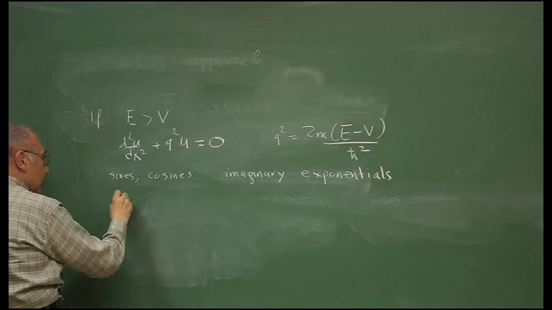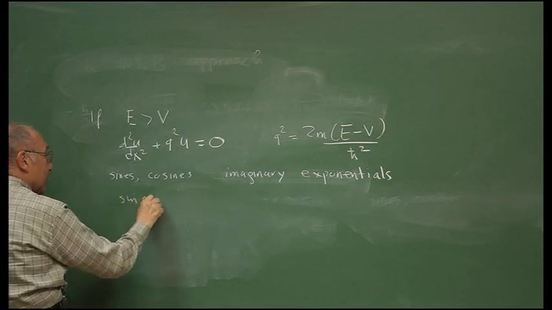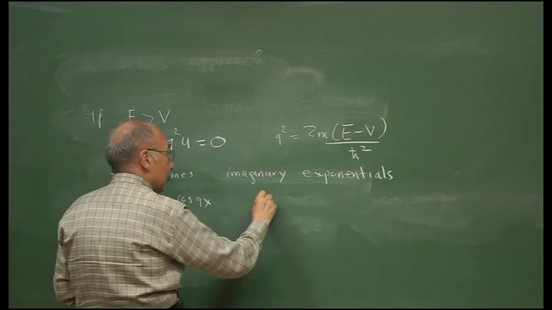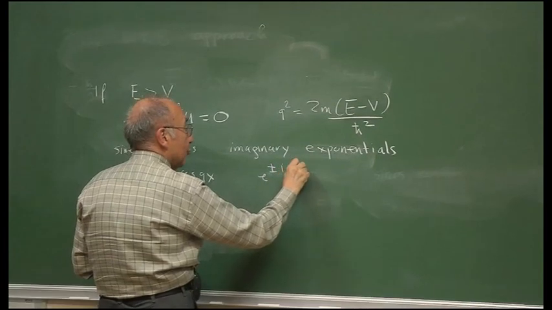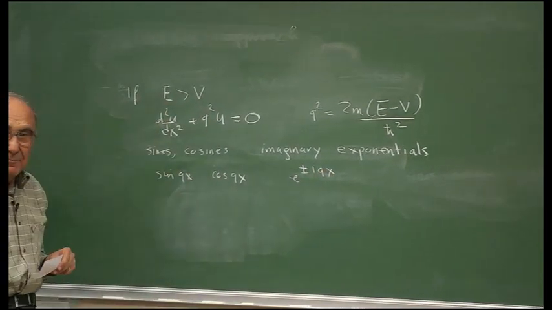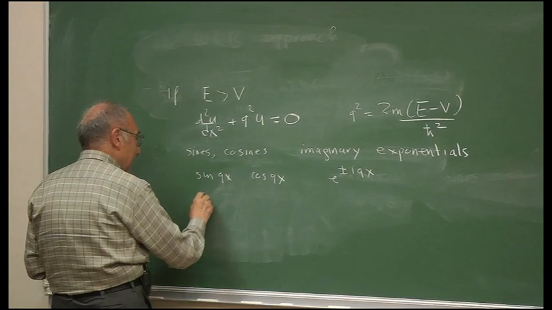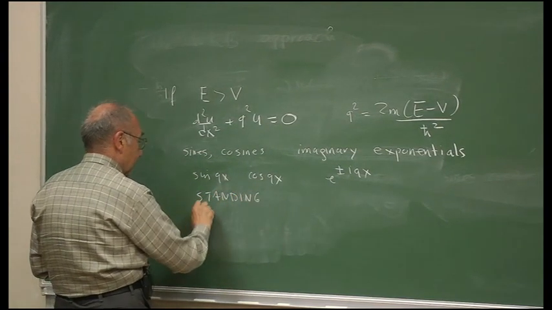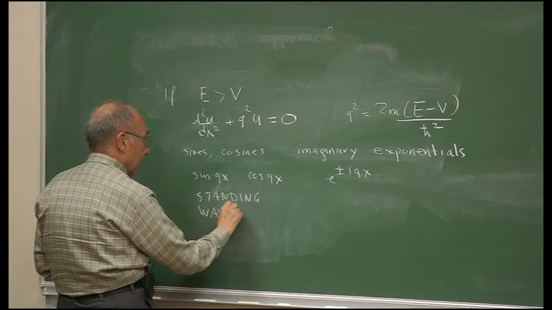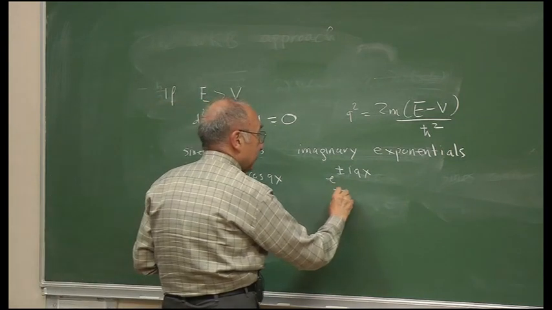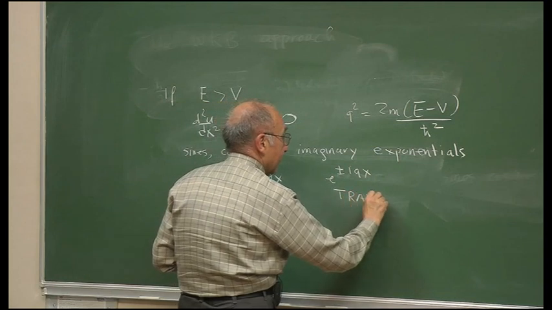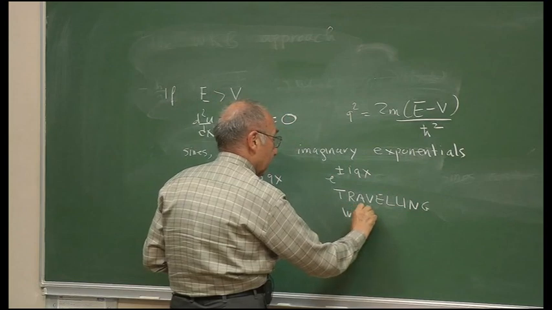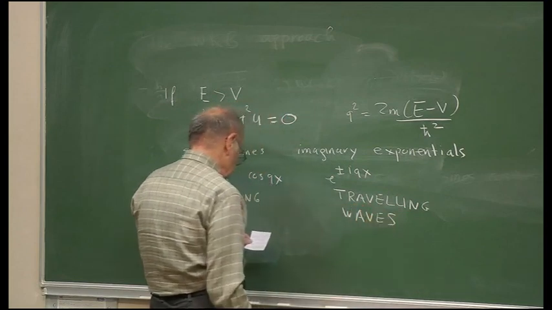Namely, this should be sine qx, cosine qx, e to the plus or minus iqx, and physically we use this for standing waves, and we use that for traveling waves. All right.